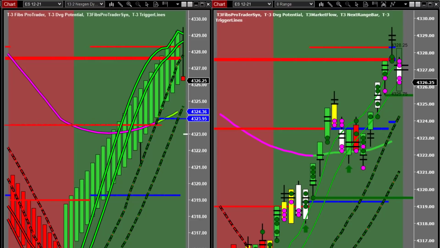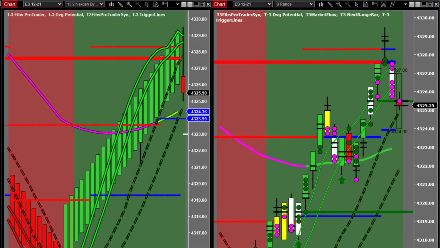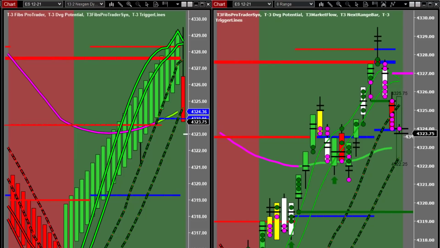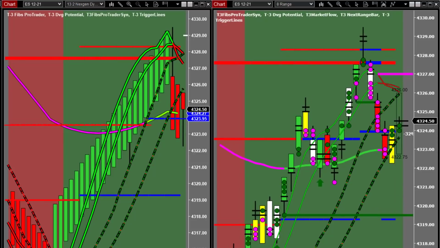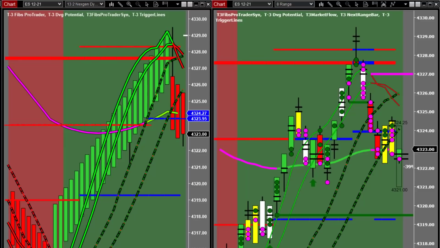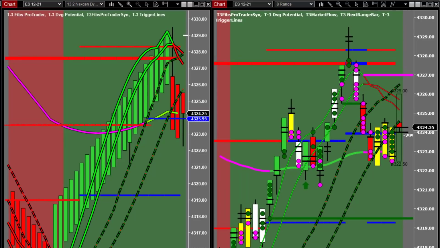And now you're in a situation where you should do a trend trade long? The answer is yes. I know it seems a little bit weird to do a trend trade long from here. And this is where waiting for a market flow signal can help you define the entry, but also help you define your risk.